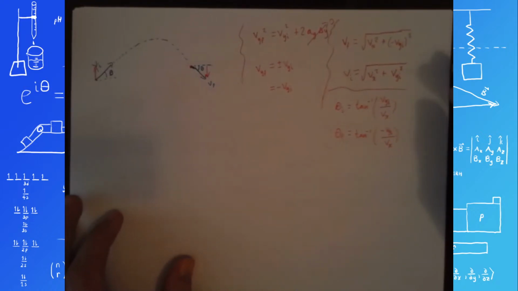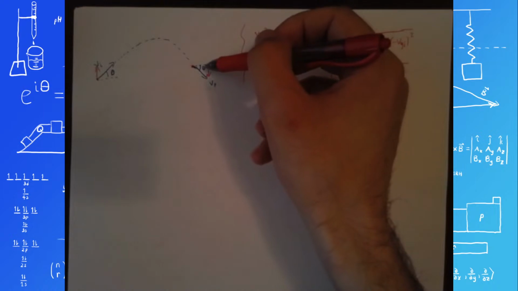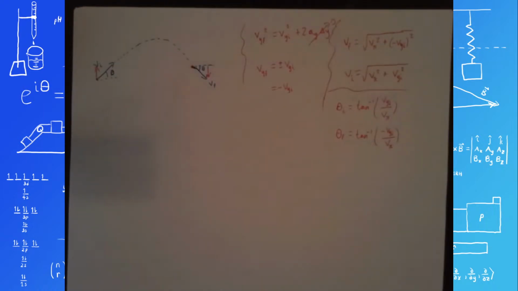It's the same thing. The only thing that makes a difference is the negative sign. So if you plugged it in as the negative value that it is in your calculator, you'll get the negative of whatever this angle is.